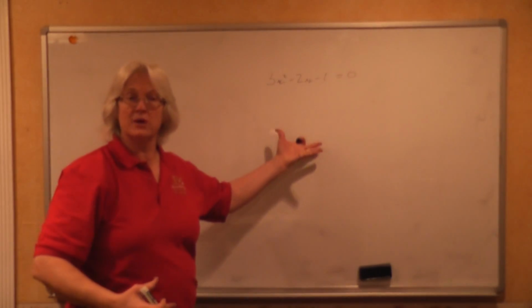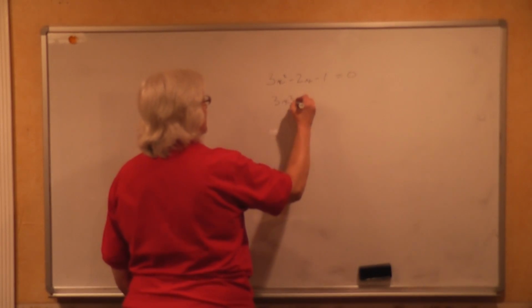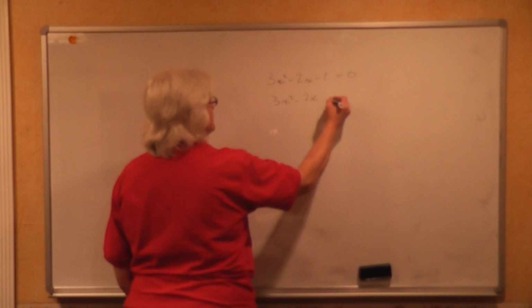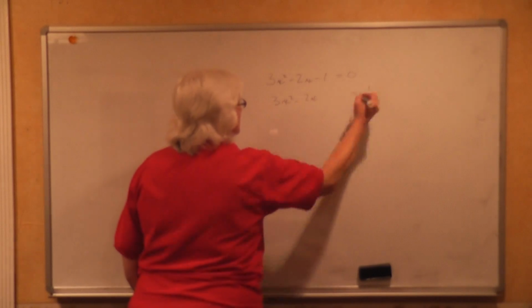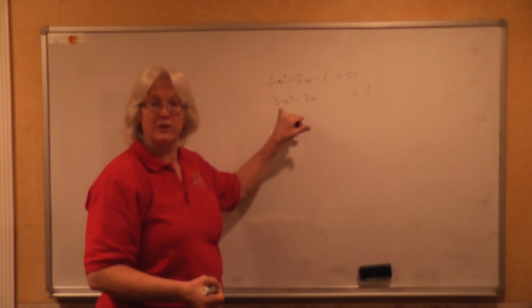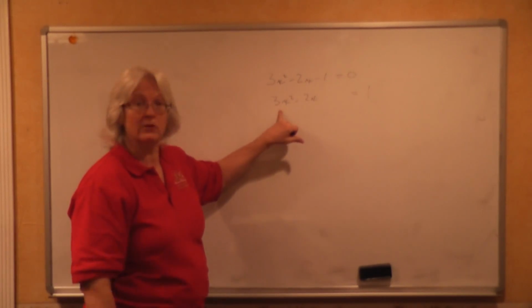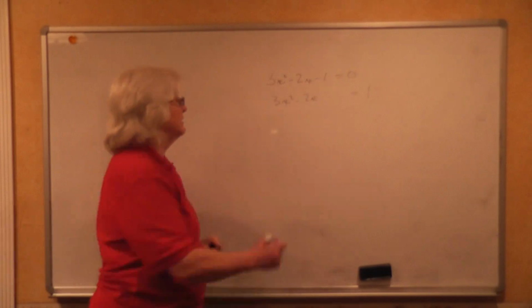We want the variables on the left-hand side of the equation, the constant term on the right. 3x squared minus 2x is equal to a positive 1. We have a leading coefficient that is something other than 1. So we factor out that leading coefficient.